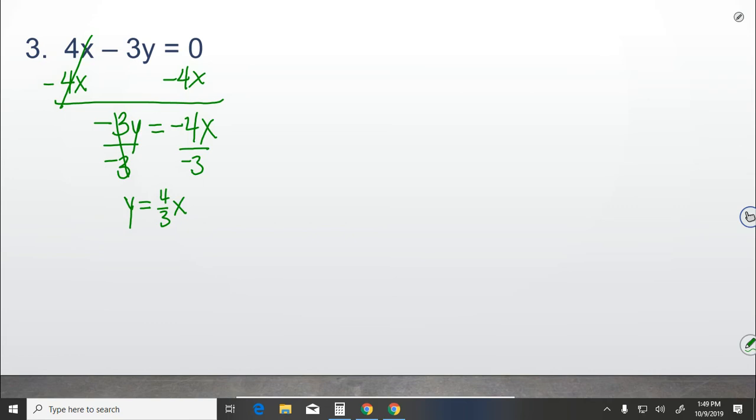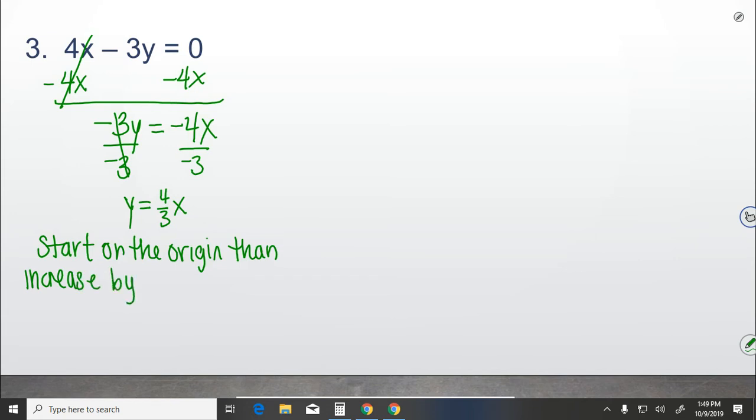So I could write start on the origin, then increase by 4, or go up 4 and write 3 repeatedly. All right, let's take a look at another one.